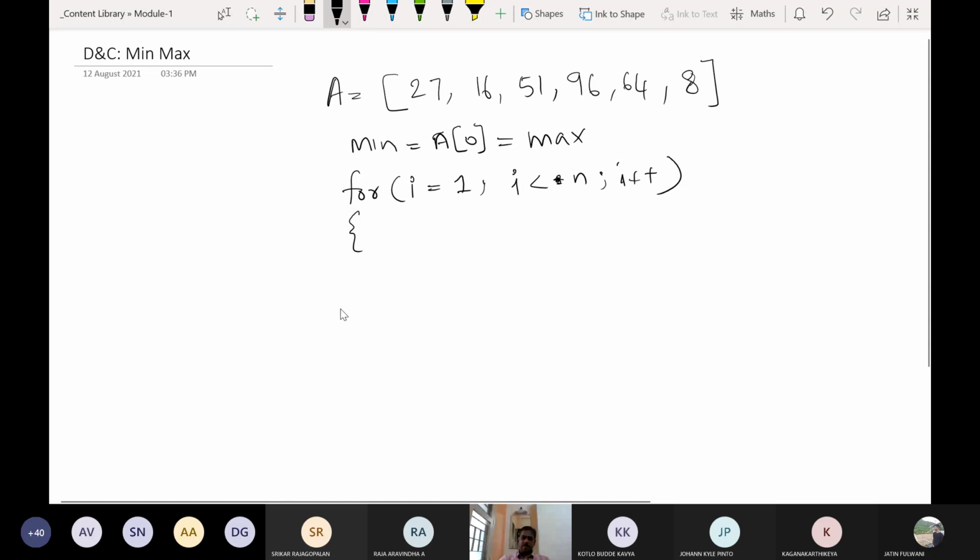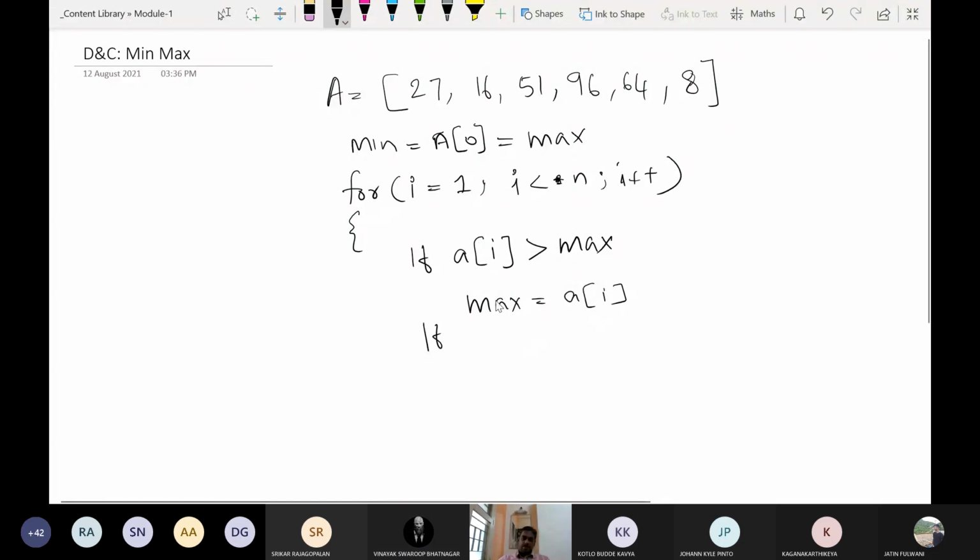Those are programming constructs, so we don't bother about such things. Here, if a sub i is greater than the existing maximum, then what is to be done? Max equals a sub i. Exactly, you have to reassign the max value: max equal to a sub i.